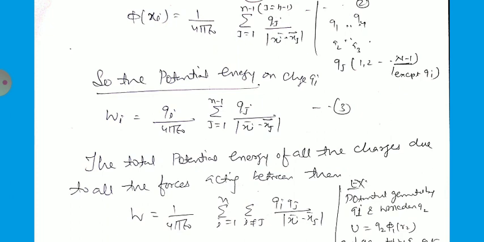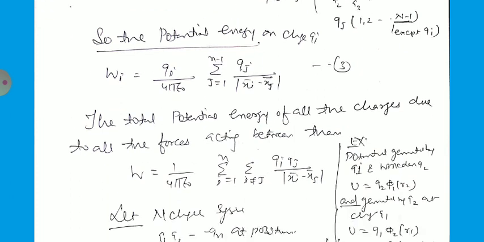The total potential energy of all the charges due to all forces acting between them is the summation of the potential energy of the different charges: W equals 1 by 4 pi epsilon naught, sigma i from 1 to n and j from 1 to n, with i not equal to j, Qi Qj divided by the modulus of xi minus xj.